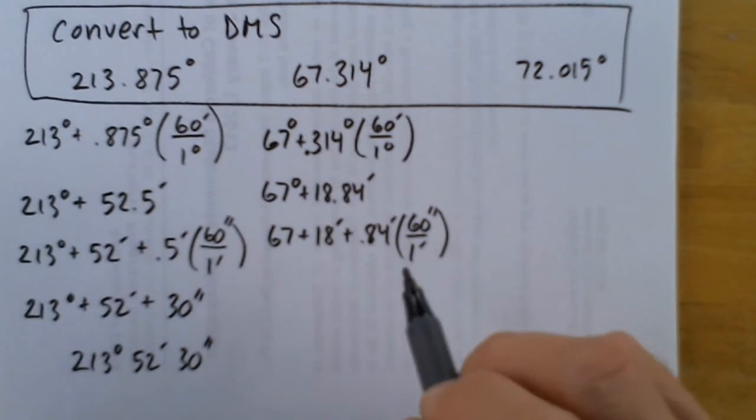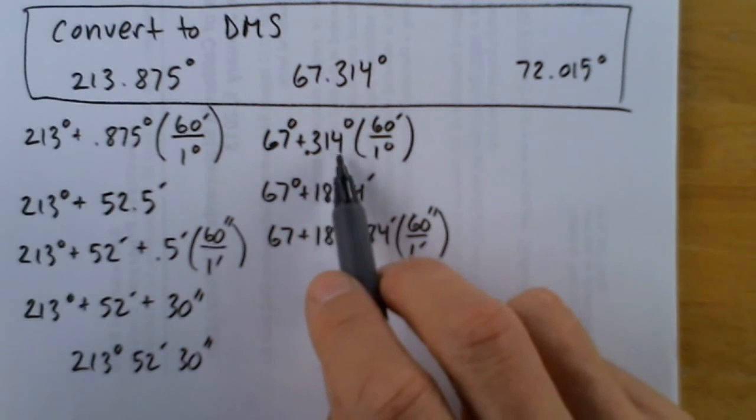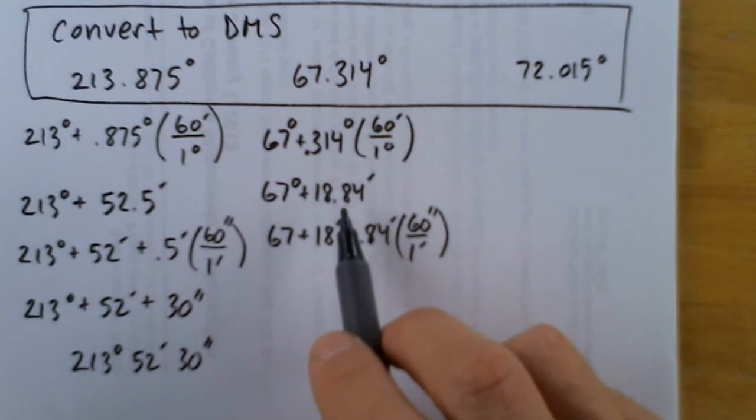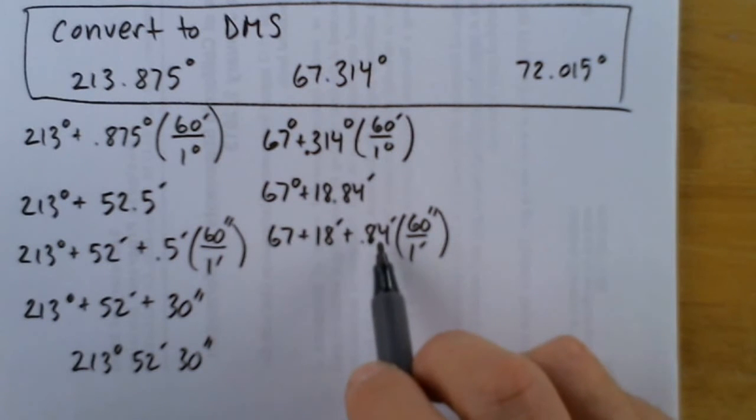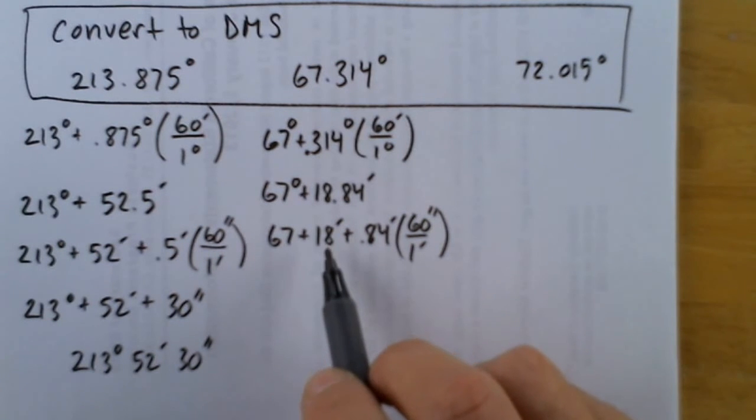So we multiply 0.314 times 60, and that's 18.84. We'll convert the decimal, but we'll leave the 18 there.